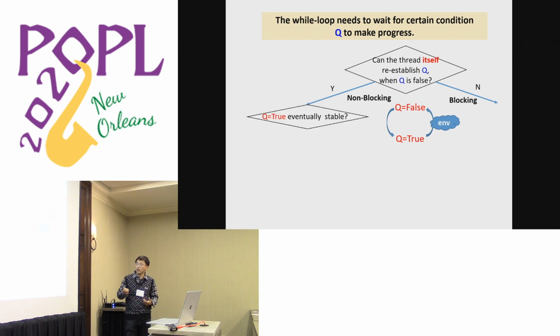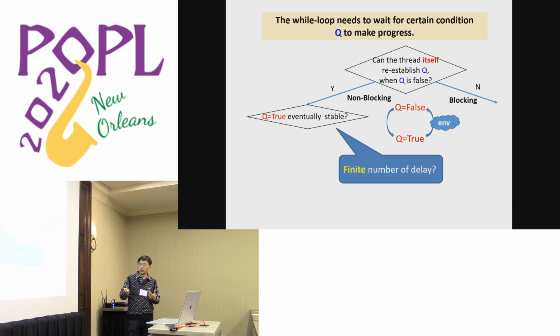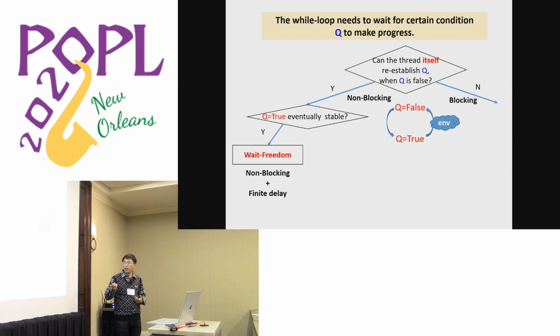Then essentially we have to ask whether Q equals true will be eventually stable. If it will be eventually stable, which means it can no longer be affected by the environment, which means there's only a finite number of delays, and if this condition is true, then this kind of algorithm is called a wait-free algorithm.